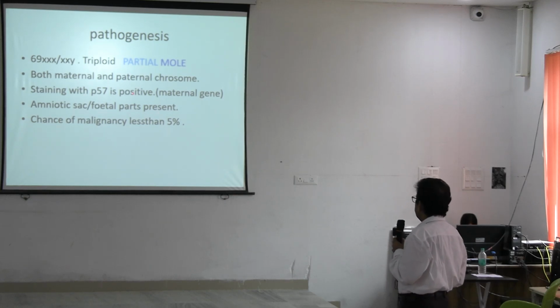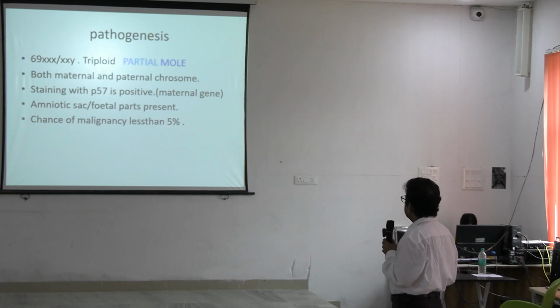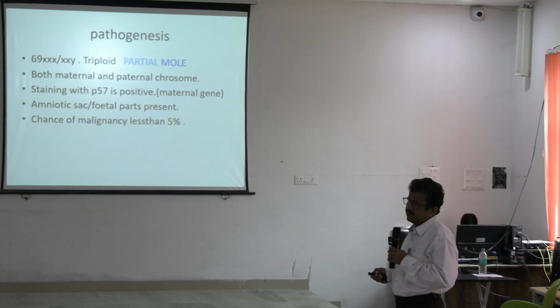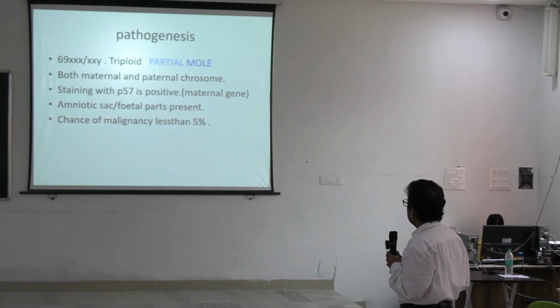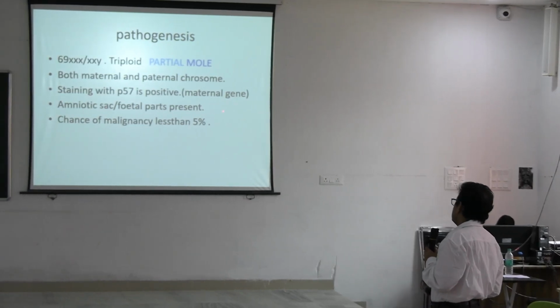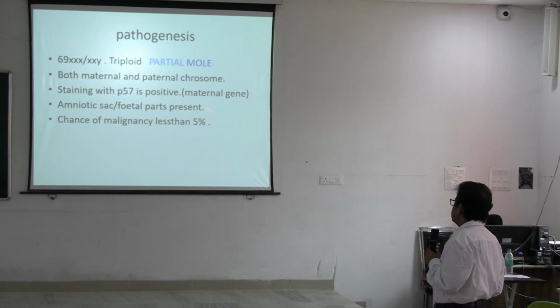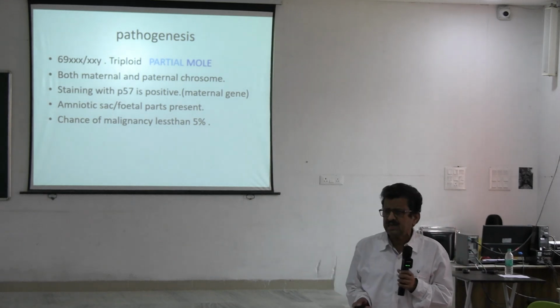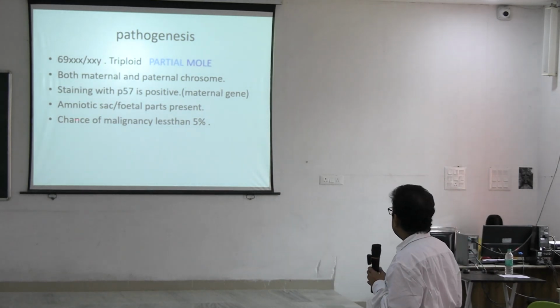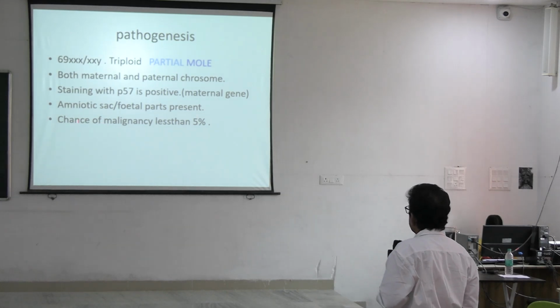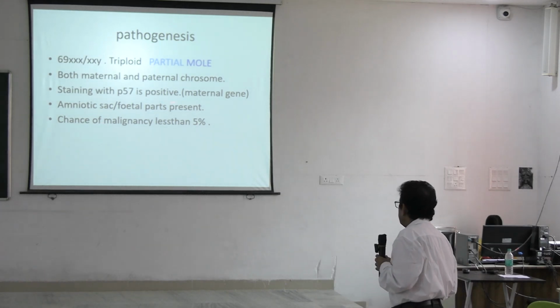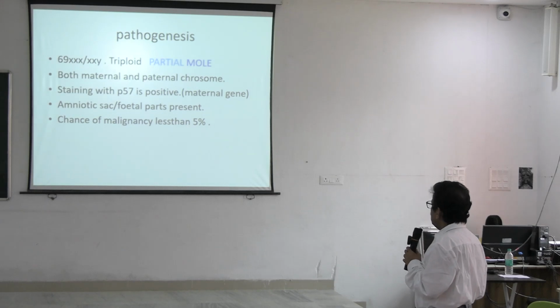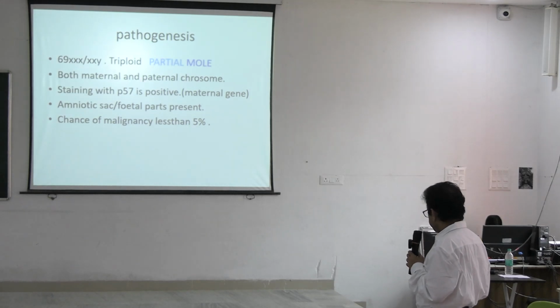Staining with P57 is positive in partial mole, and an amniotic sac and fetal parts are present macroscopically or on ultrasonography, and the chance of malignancy is less than 5%. In complete mole, as I mentioned, the chance of malignancy is 20% or more. In partial mole it is very, very less, so we are on a very safe side.